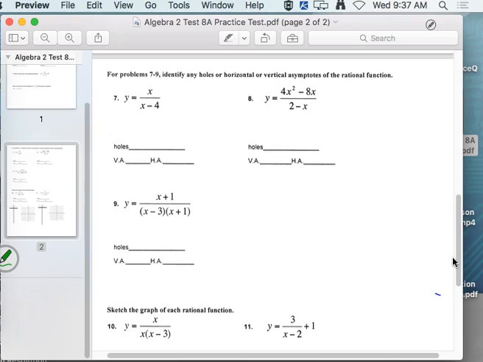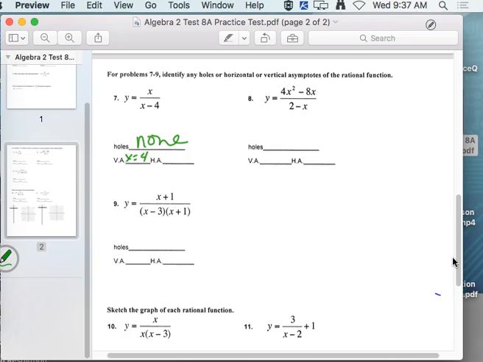Is it factored? It's factored. Anything canceling? No. We don't get any holes. Nothing's going to cancel. Vertical asymptote. We have one. What is it? X equals 4. Don't forget the x equals. X equals 4. That's a vertical asymptote.